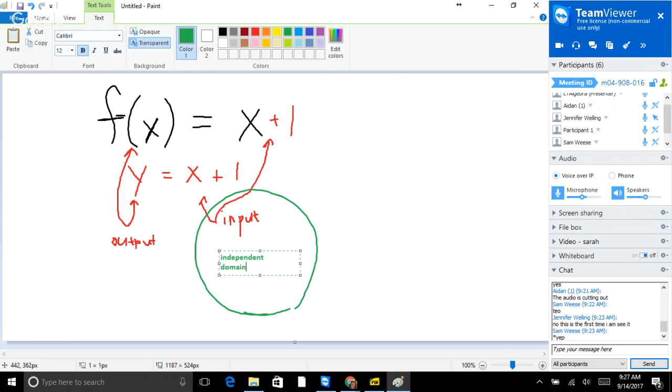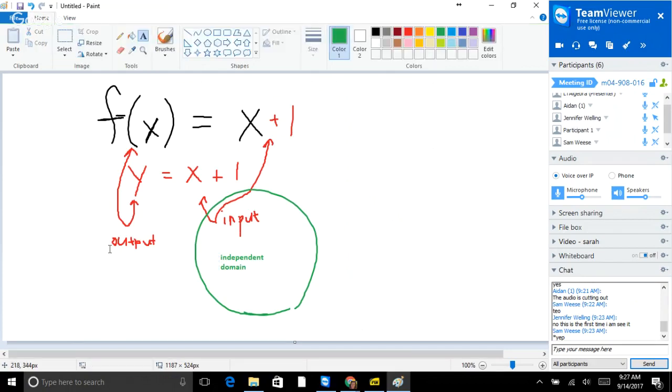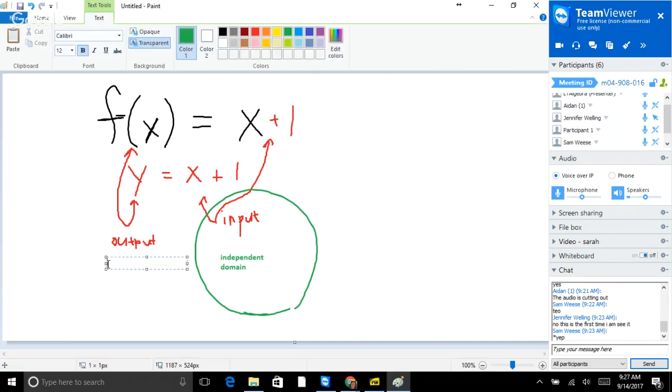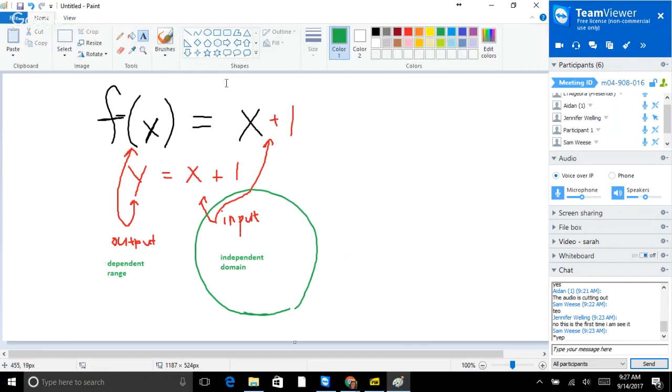Those are all ways that we think about what we're putting into our function, right? And then on the flip side, we have our output. So what comes out of our function, which we could think of as our dependent variable or our range. Okay. So that's what comes out over here.